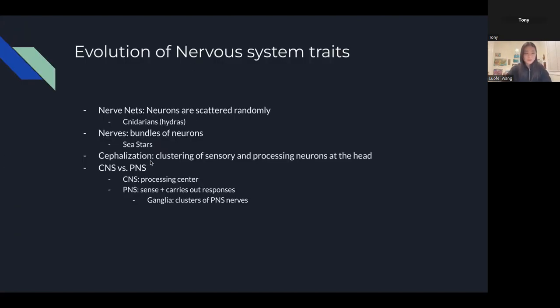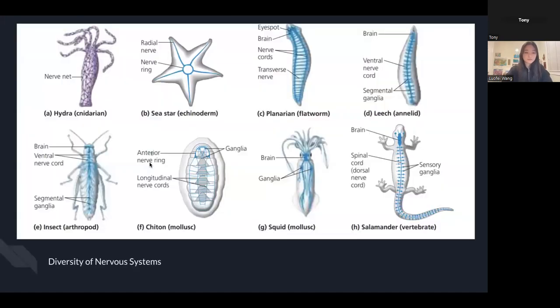Then cephalization evolved, which is the clustering of sensory and processing neurons at the head. And then the central nervous system and peripheral nervous system evolved. As you can see here and also in the salamander, there are clusters of nerves at the head.